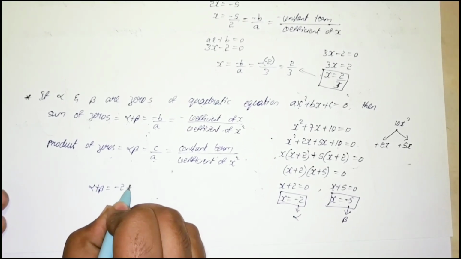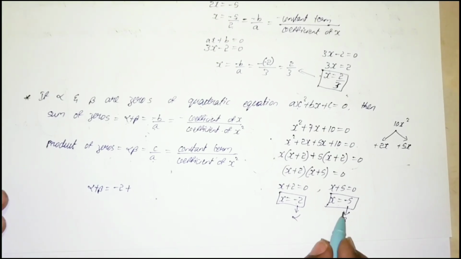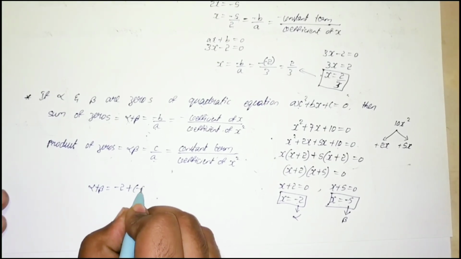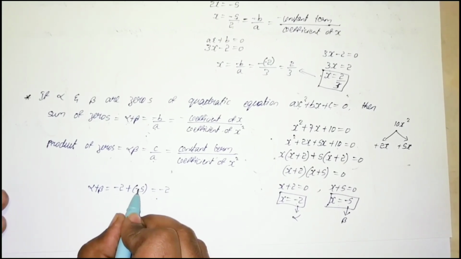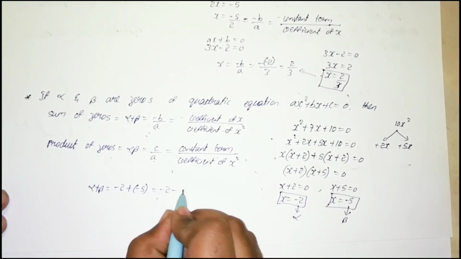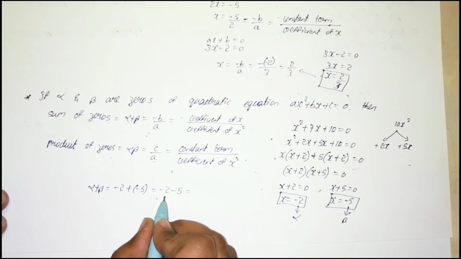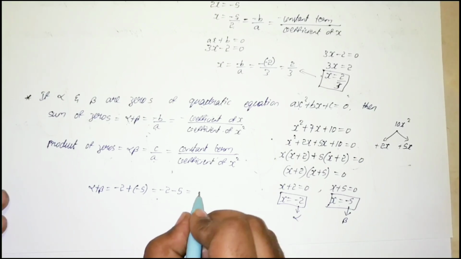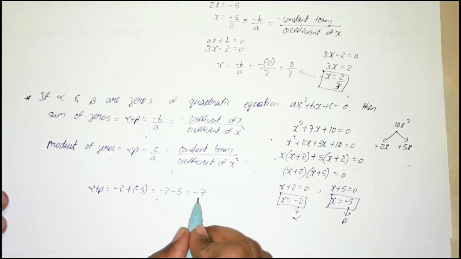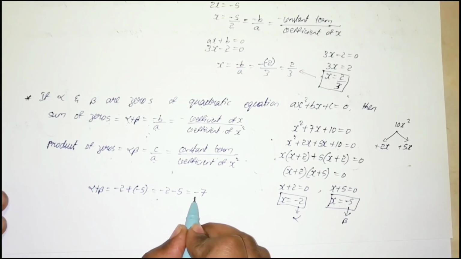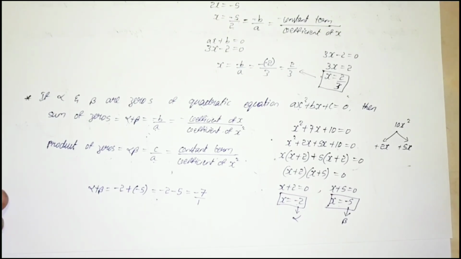Minus 2, plus what is beta here? Minus 5. So minus 2 minus 5, if the same sign is there, then we have to add it. So minus 2 minus 5 is minus 7.